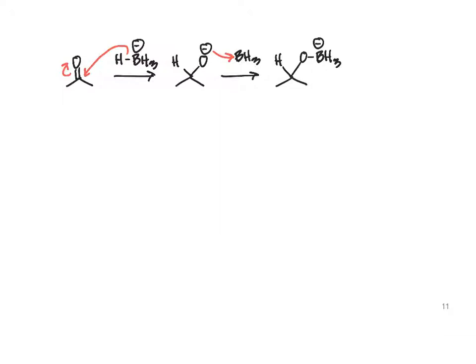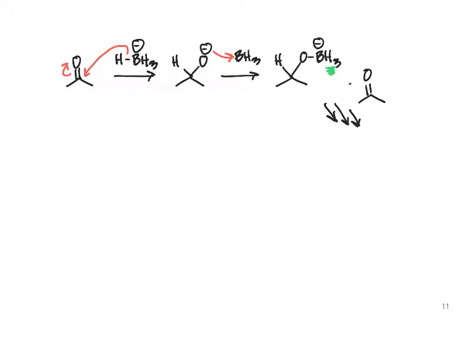That borate ion can react with 3 more carbonyl compounds. So each one of these hydrides is available for reaction. So this can react, in fact, 3 more times with 3 more equivalents of our carbonyl compounds.